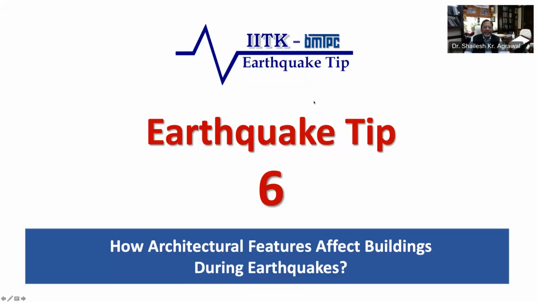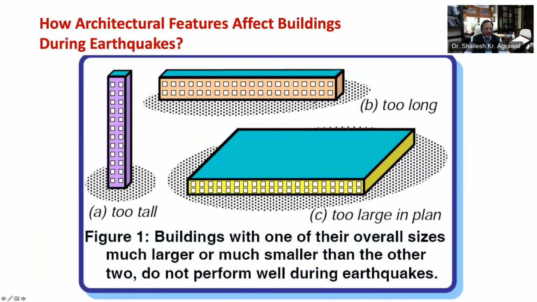Now let's look at the architectural features. Let's first begin with size of building. As shown in figure 1A, in a tall building with large height to base ratio, the horizontal movement of forces during ground shaking is large.